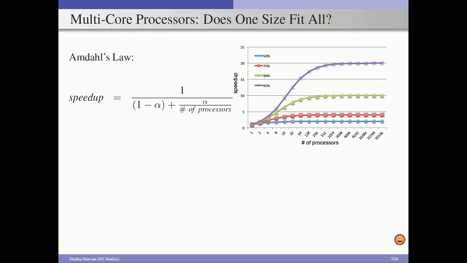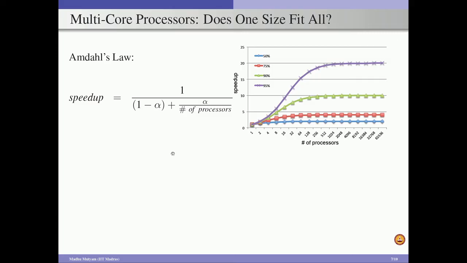So, if alpha is, let us say, 95%, that means 95% of your code is parallelizable, and even when you consider 64K, that is 64 into 1024, which is 65,536 processors to execute your computation, we can clearly see here we can get only around 20x speedup in our system.